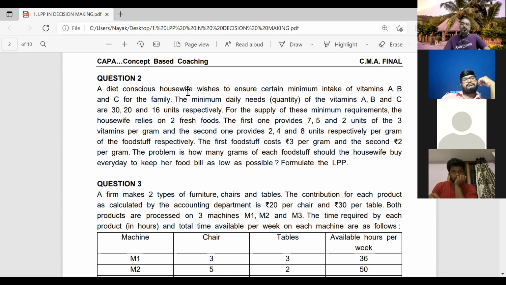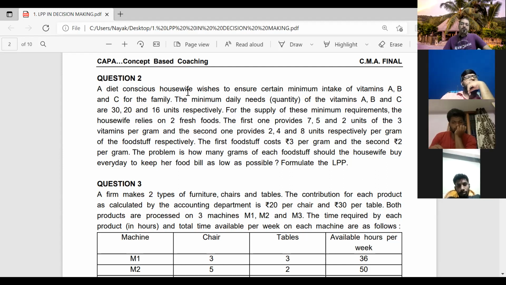The first one provides 7, 5, and 2 units of the 3 vitamins per gram, and the second one provides 2, 4, and 8 units respectively per gram. The first foodstuff costs 3 rupees per gram and the second 2 rupees per gram. The problem is, how many grams of each foodstuff should the housewife buy every day to keep her food bill as low as possible? Formulate the LPP.